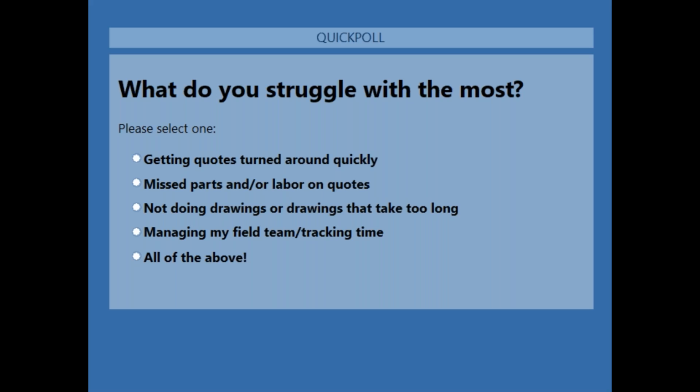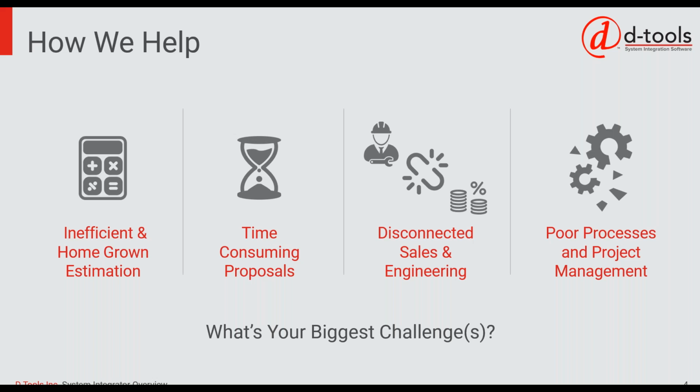The other third is looking to get quotes turned around quickly, a fast way to generate quotes. A third of the group also says missing parts and labor on quotes is definitely a big challenge. A few people also mentioned managing the field team is a problem. So that's quite helpful, and it really gives me an idea of where you're coming from.